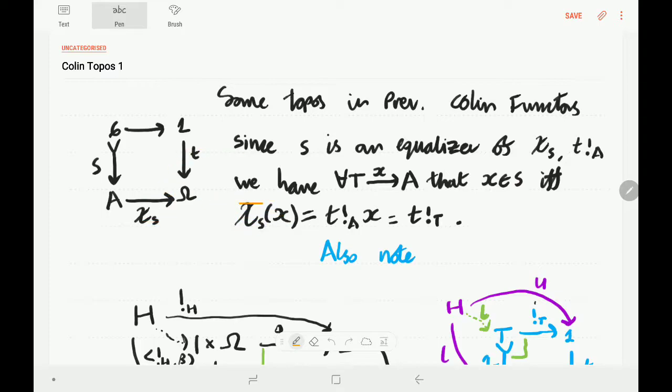So if and only if chi of S of X is T after exclamation mark A of X, which is equal to T after exclamation mark capital T, where, you know, it's like this.